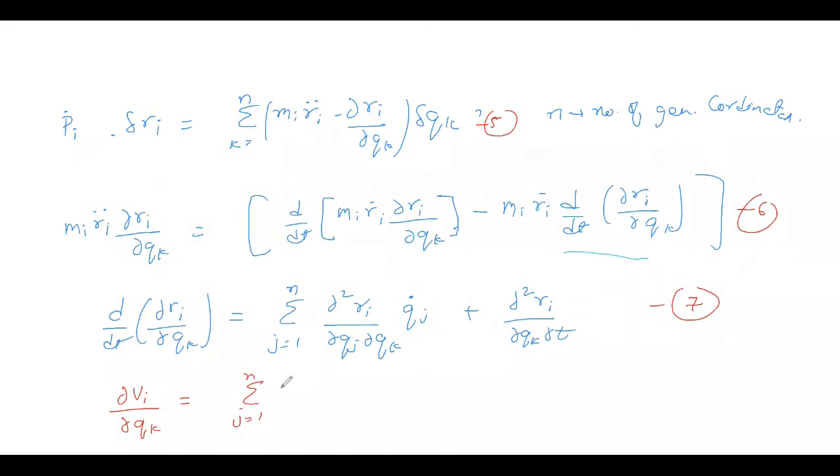It is the same also: sum over j of delta square Ri by delta Qj delta Qk into Qj dot, plus delta square Ri by delta Qk delta T. So these two terms, 7 and 8, what do they indicate? That ddt of delta Ri by delta Qk is equal to delta Vi by delta Qk. Okay, so this is my equation number 9.